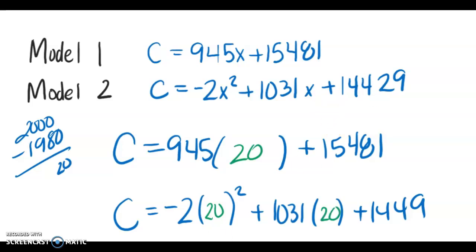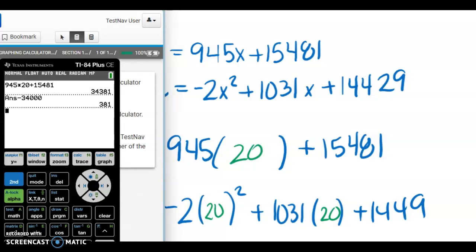Here's my calculator, and let's put that in. When I put the negative in front of the 2, make sure to hit the negative sign that's to the right of the decimal place. If you hit the minus sign, it wants to subtract it from something and it won't recognize it. I'm going to type it just like I see in the problem.